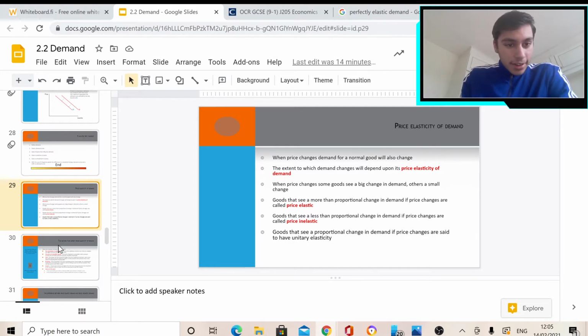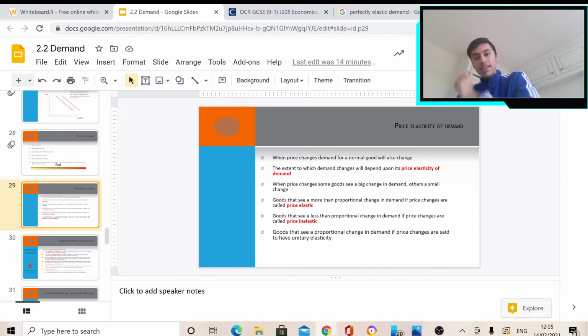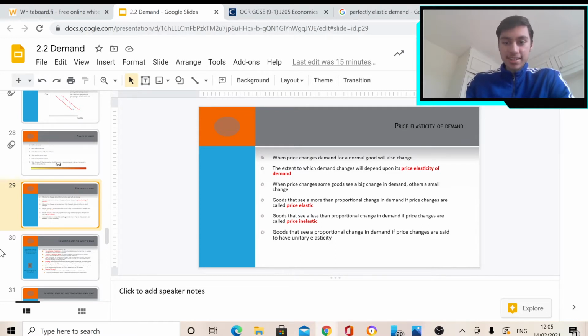All right. Goods that see a more than proportional change in demand when price changes are called price elastic. If there is a large change in demand, they are price elastic. If there is a small change, as in the case of bread, it's price inelastic. And in the case of laptops, it's price elastic.